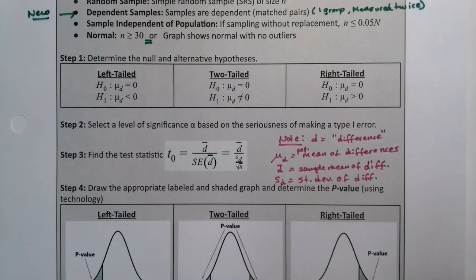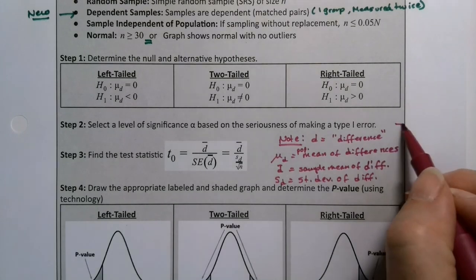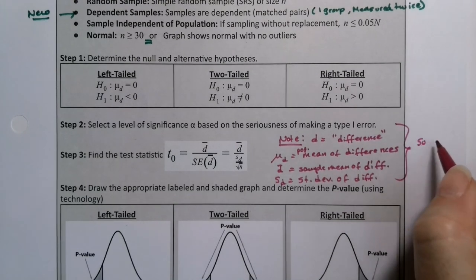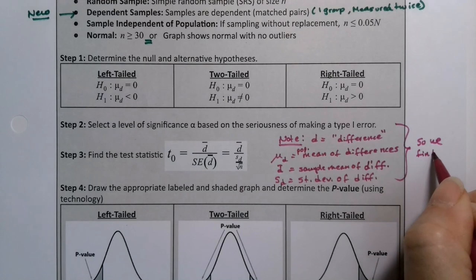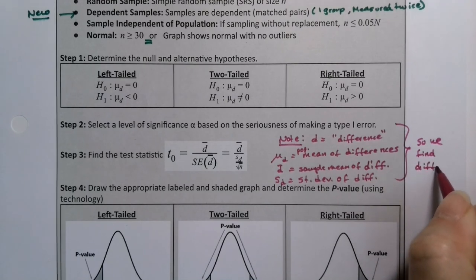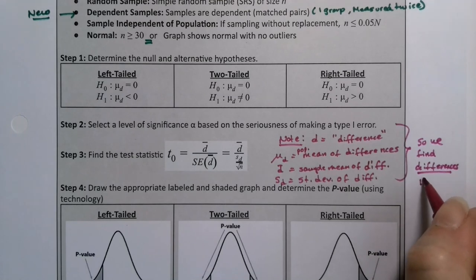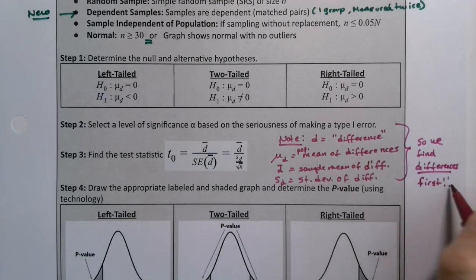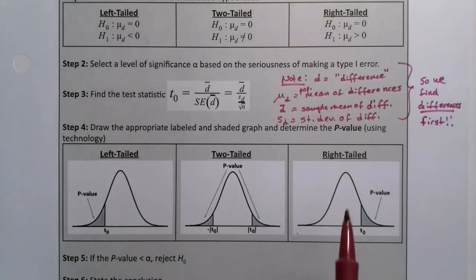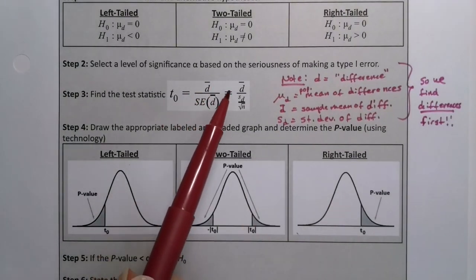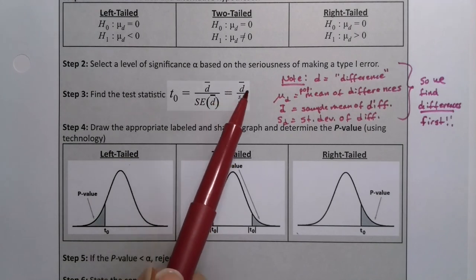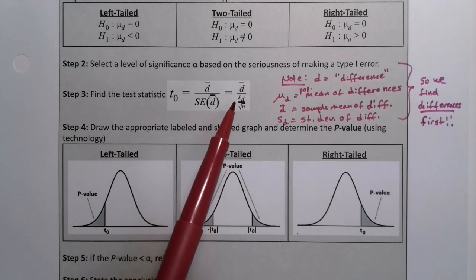So we're going to do this a little bit differently than we've done for section 11.1. We're going to have to find differences, and we find differences first, and then we conduct the test on that. So this is going to work a little bit differently. But the rest of it kind of is the same thing we've seen. As a matter of fact, this is very similar to what we saw back in section 10.3, and it is extremely similar.